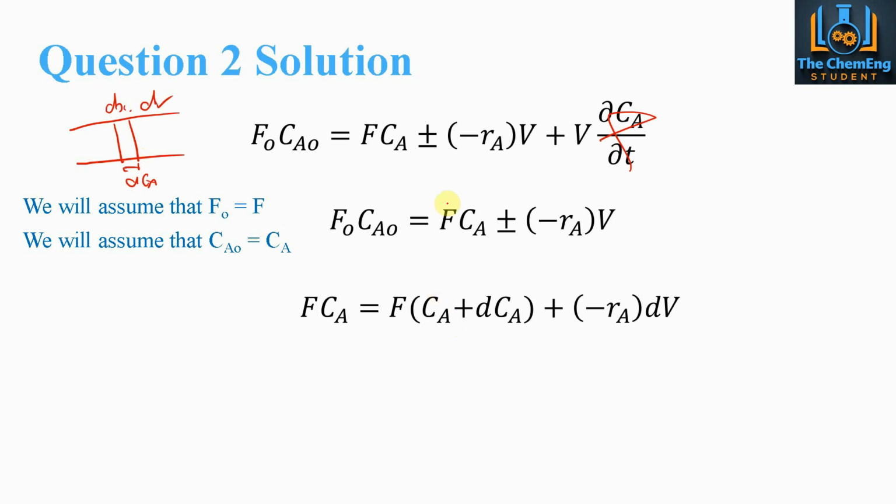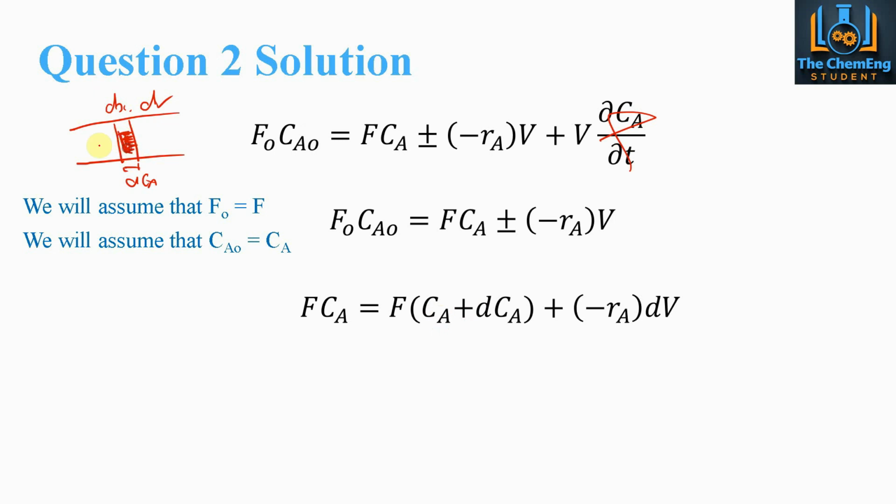So that's why our final concentration is going to be essentially the change from this concentration. So that's the initial concentration, i.e. we've just said that Ca naught is equal to Ca, so that's why we've replaced that with Ca. And that means that the outlet must be Ca plus the differential part that we are modelling here.